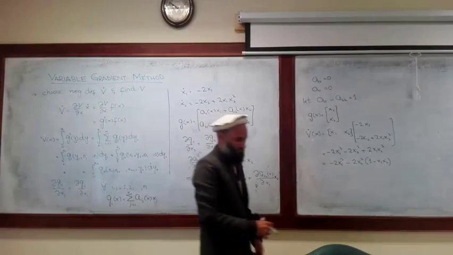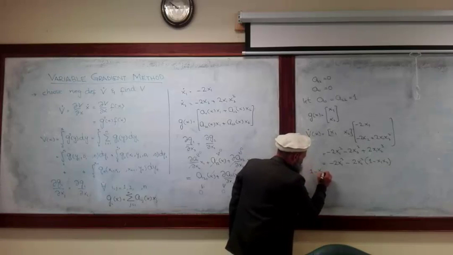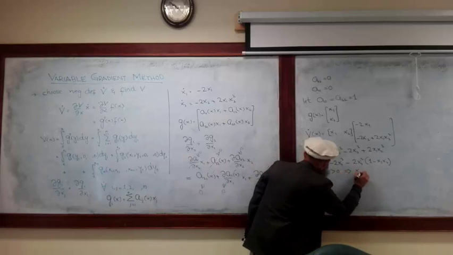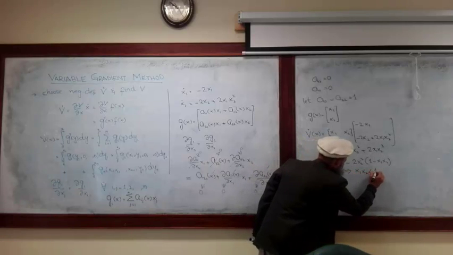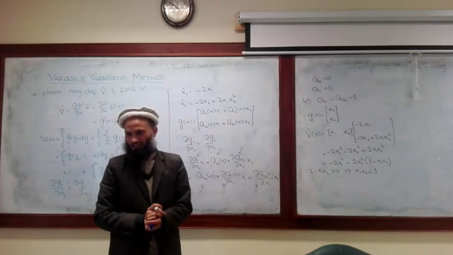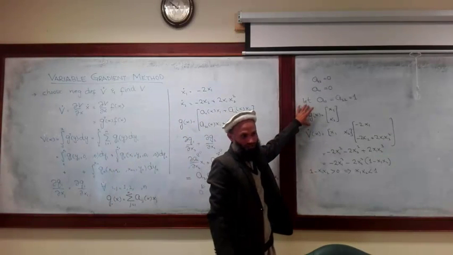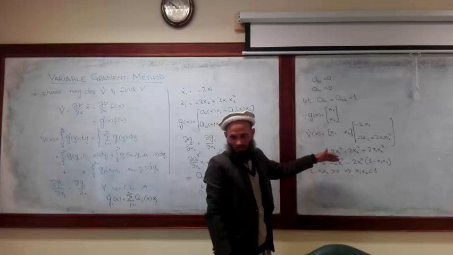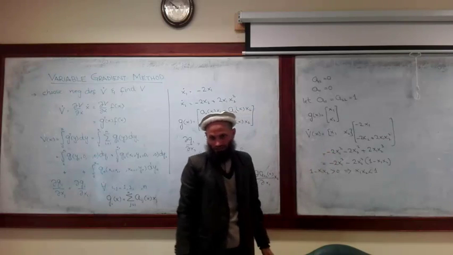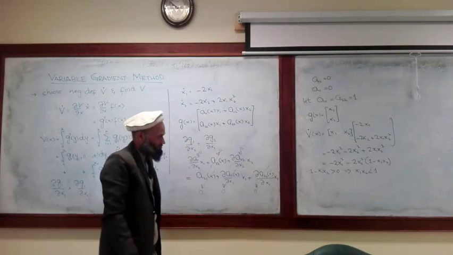Locally negative definite. Locally, when 1 minus x1 x2 is greater than 0, that is, this product x1 x2 is less than 1, then this function is negative definite. So with this particular choice of G, we shall only be able to reach local stability of the equilibrium point. Equilibrium point for this system is at origin.